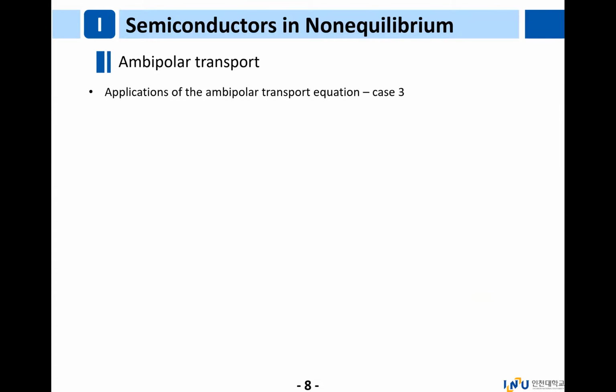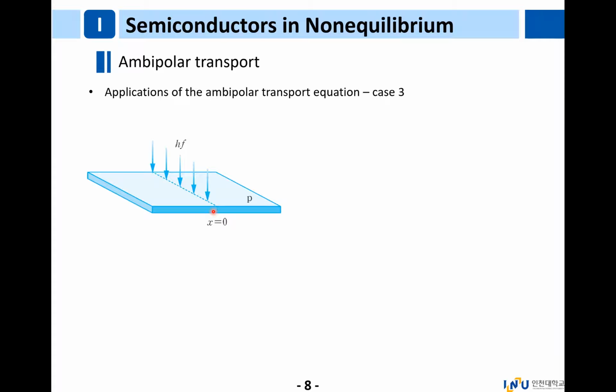Next, let's examine the distribution of excess carriers with respect to distance when uniform intensity light is continuously applied to a specific point until it reaches a steady state.